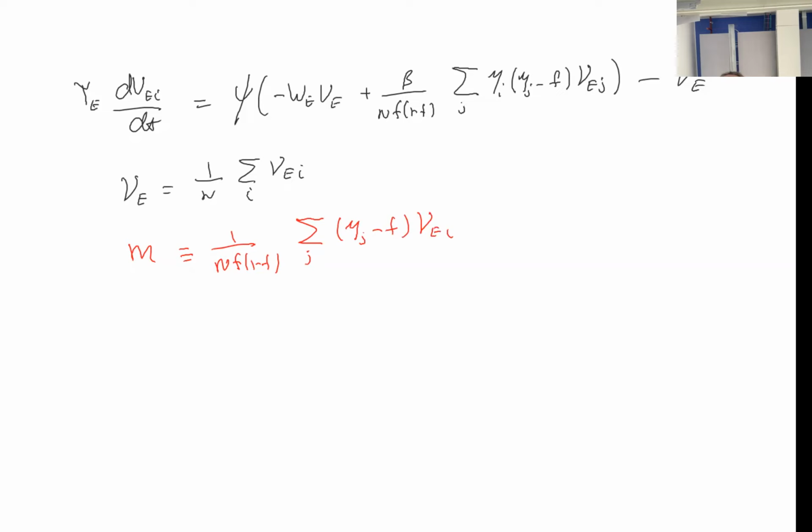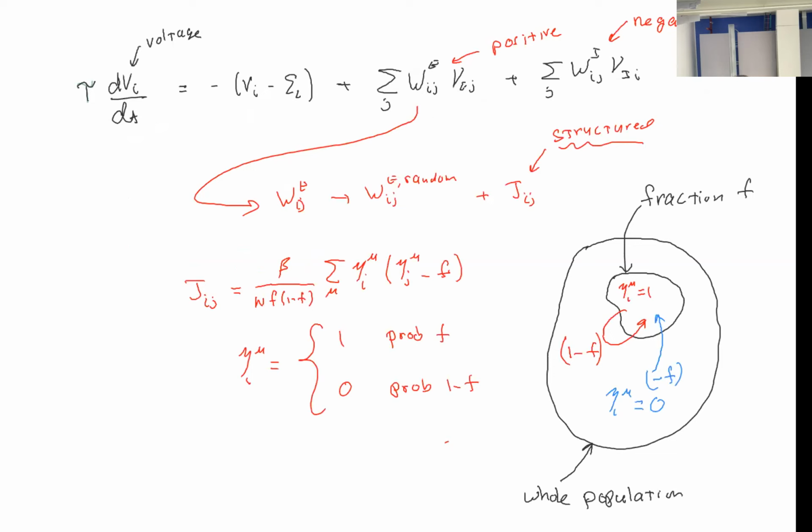Going back to our picture from before, with only one memory, our overlap is going to be positive if these neurons have an elevated firing rate. Otherwise, if these neurons and the background neurons have the same firing rates, overlap is going to be basically zero.